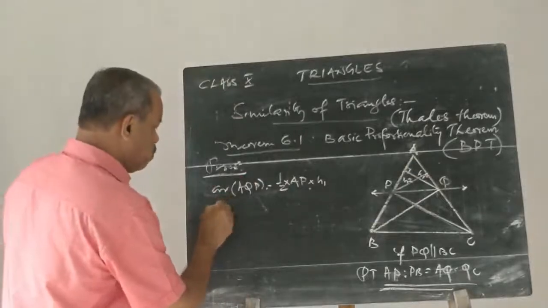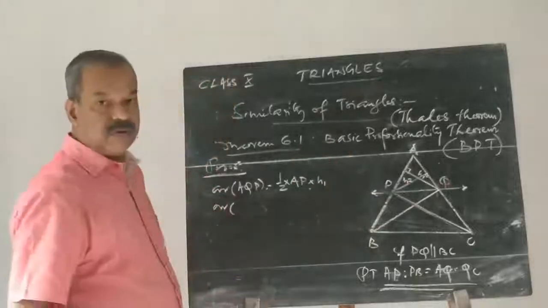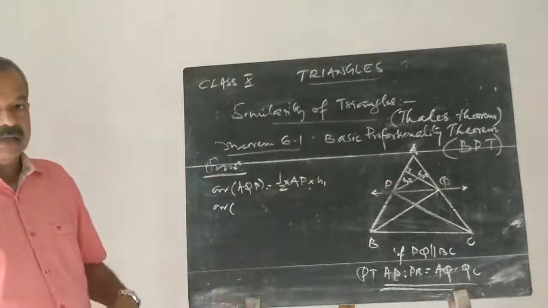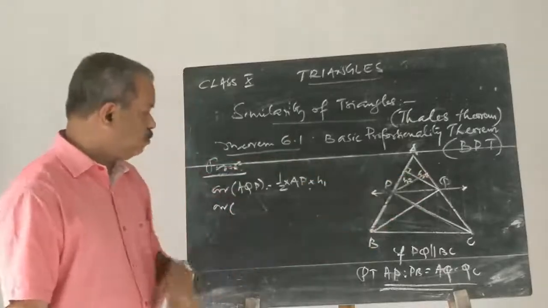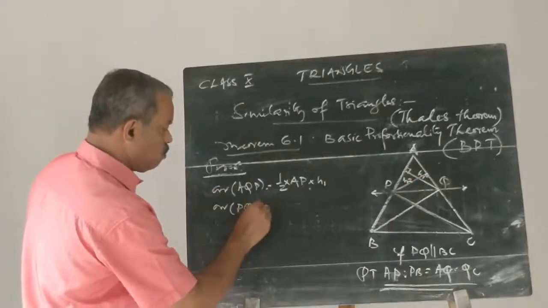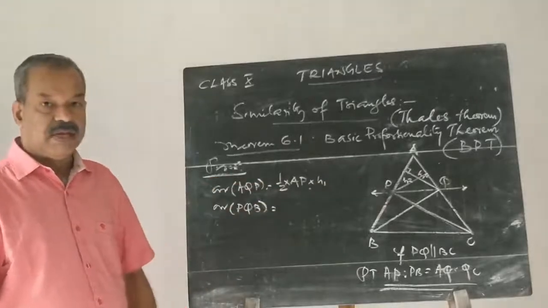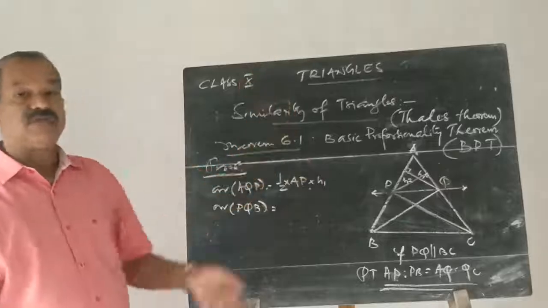What is the area of triangle PQB? Which type of triangle is triangle PQB? It is an obtuse triangle, so its altitude will be outside.